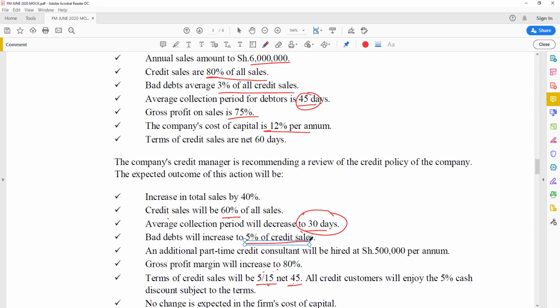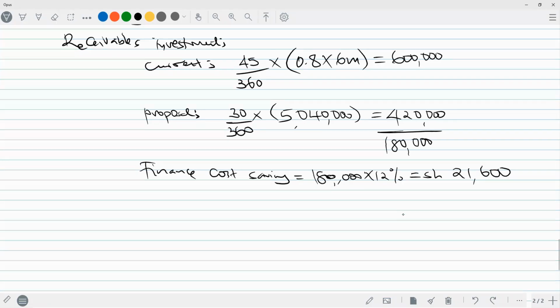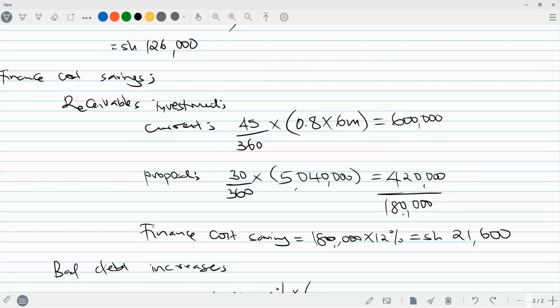Don't forget, it is 3% not of total sales, but of the credit sales. Under the current policy, the bad debt is 3% of the company sales on credit, and the sales on credit is equal to 4.8 million, which you have here, 80% of 6 million, which is equal to 4.8 million.